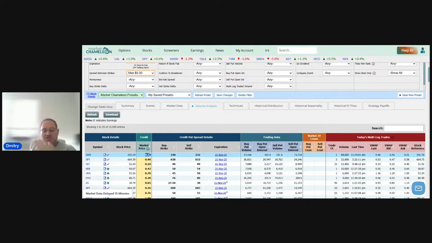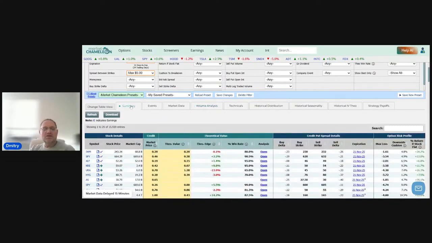And now let's take a look at what kind of metrics and benchmarks we could look at to see the valuation of this put spread. Is it on the high end or low end of the historical range, the success rate, the different payoffs. So if we come over here to the summary, we see that currently the bid is 39 cents, so you get a credit of 39 cents if you did it at market prices.